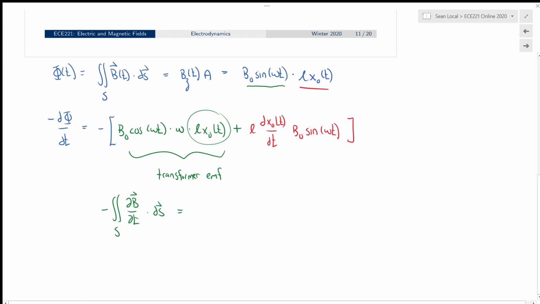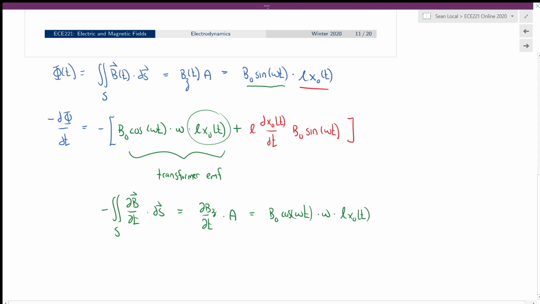In this case, because B is uniform, we don't need to worry about this dot product. We can just evaluate this as the time derivative of Bz multiplied by the area of the loop, which in this case is B naught omega cos omega t. Again, the omega comes out because it's inside the cos function, and then we multiply by the area, which is L x naught of t. So from our definition of transformer EMF, we see this indeed is the transformer EMF and only the transformer EMF.